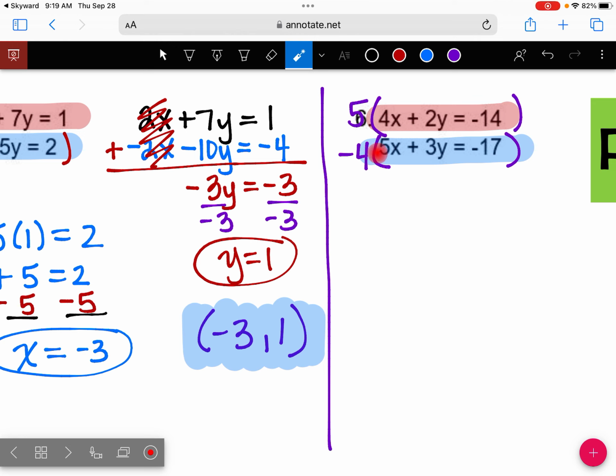So pick up your calculator and multiply this entire top equation by 5 and the entire blue equation by -4.